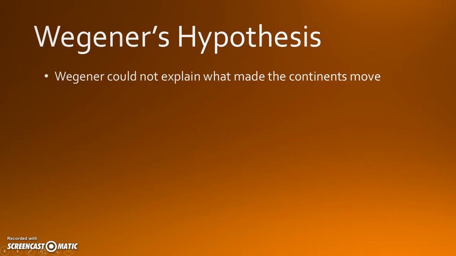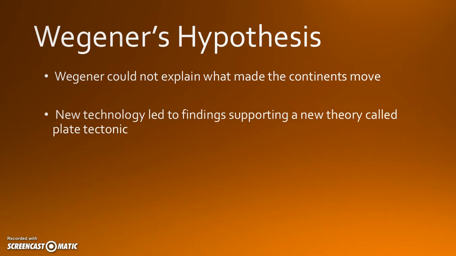So, Wegener's hypothesis: he couldn't explain what made the continents move. He just knew that for some reason they did. Now, new technology, especially as we progress in today's times, has led to more and more findings that support a new theory for plate tectonics, not what Wegener had.